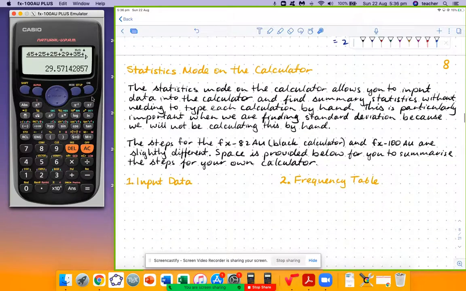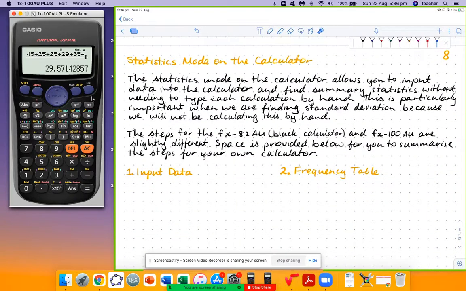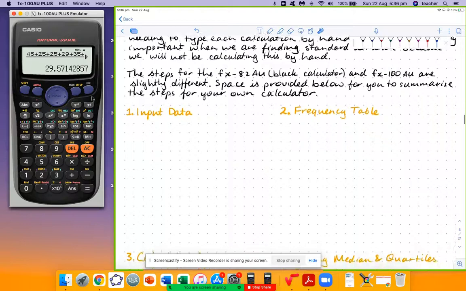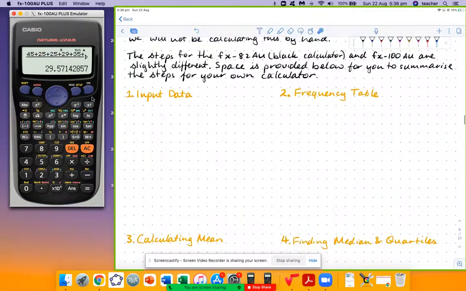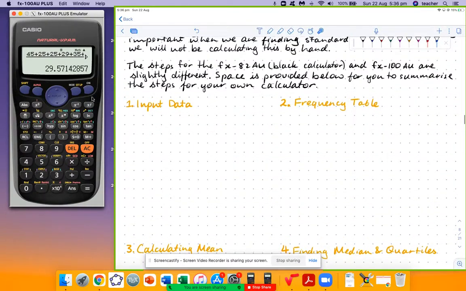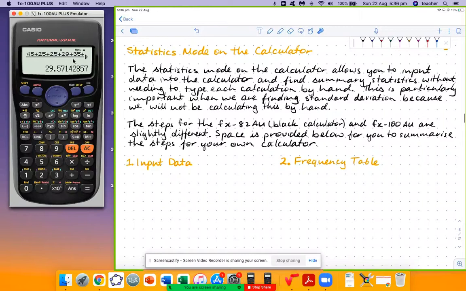In this section, I've just given you some space to write down your own instructions. Whether you're using the black calculator or the silver calculator, the 100 AU, the actual buttons you press are a little bit different, but you're looking for the same functions.